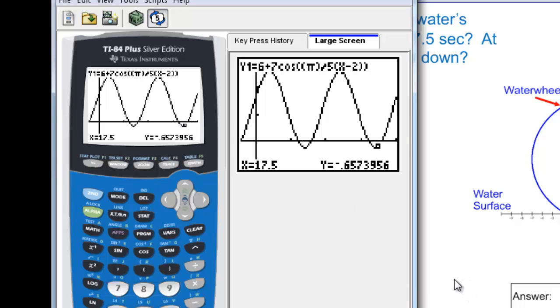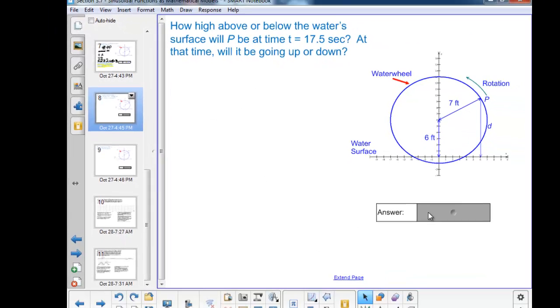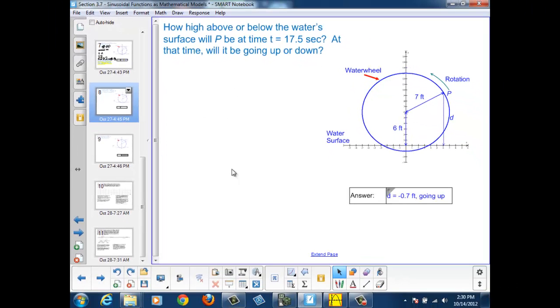So the answer to my question is negative 0.7 feet, and I'm going up as I continue to go around the water wheel.